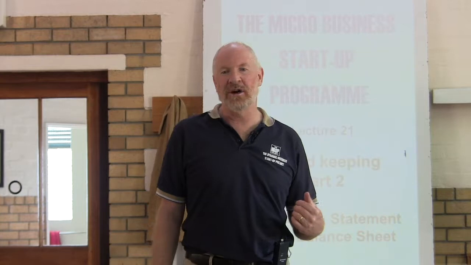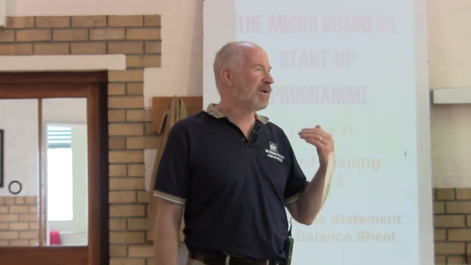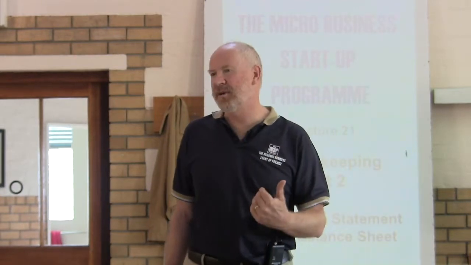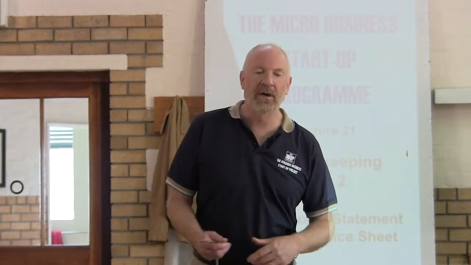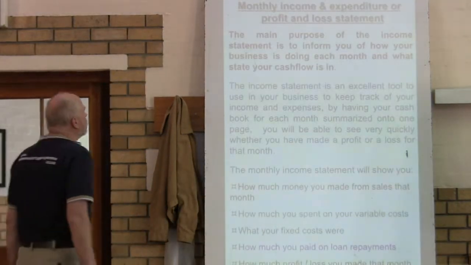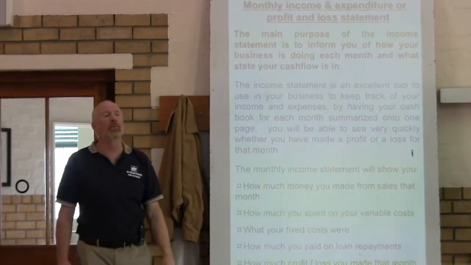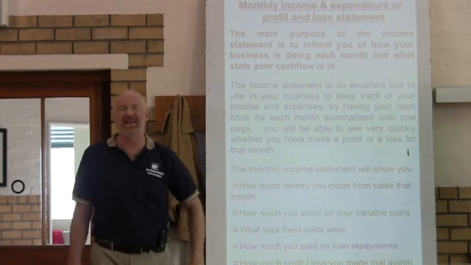So as usual, as you've heard from this class, we use the KISS principle. Keep it straight and simple. So we're going to keep it as simple as possible. All right. Income and expenditure statements can also be called profit and loss statements.